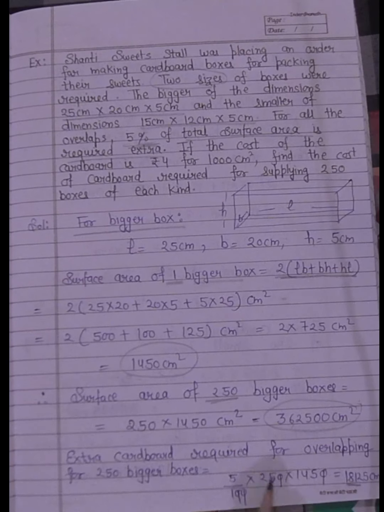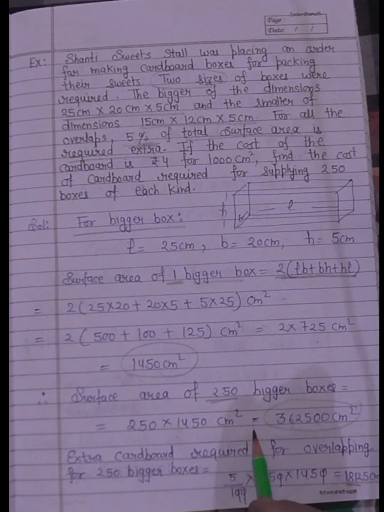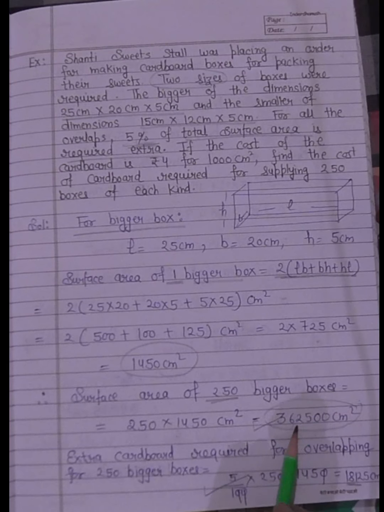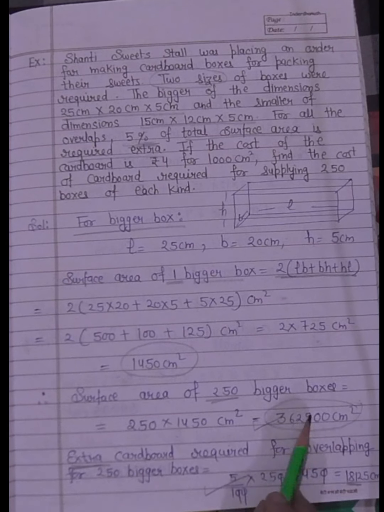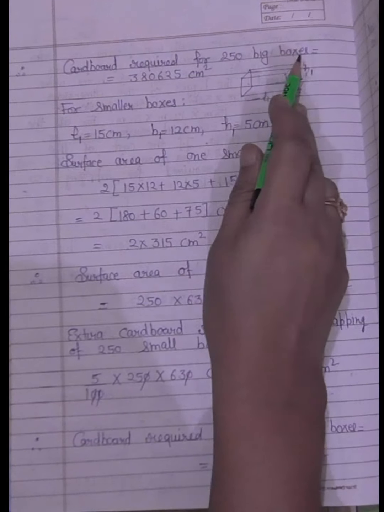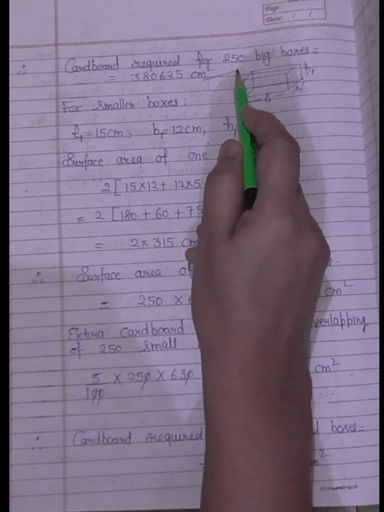It means for the bigger boxes, how much cardboard is required? We will add both, because for 250 bigger boxes this is the area, but extra should also be there. Therefore the cardboard required for the 250 big boxes is 380,625 centimeter square.